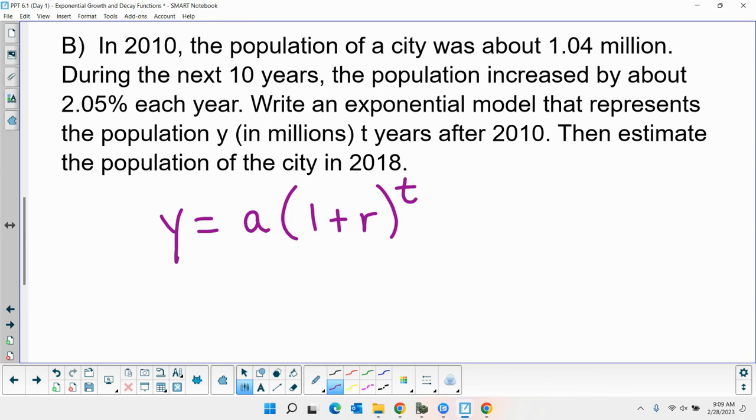So what's my A value? Alexa, what do I put in for A? Thank you. That's the initial amount.